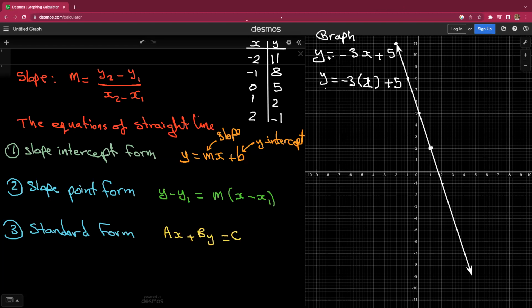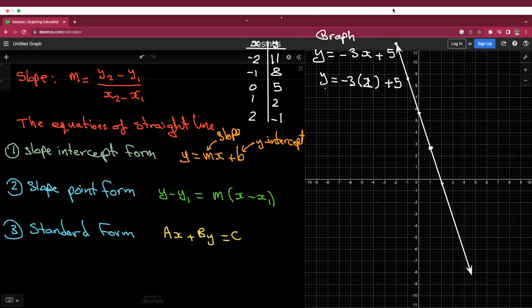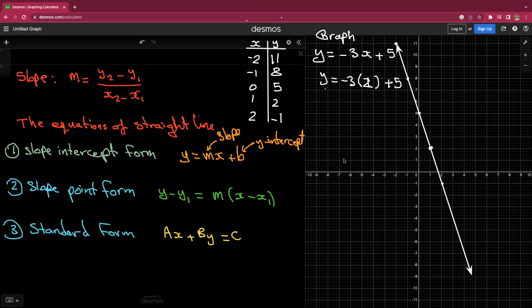Now we're going to leave this graph here, and look at this equation, y equals mx plus b. We're going to look at the equation y equals -3x plus 5 and graph it using the slope and the y-intercept form.